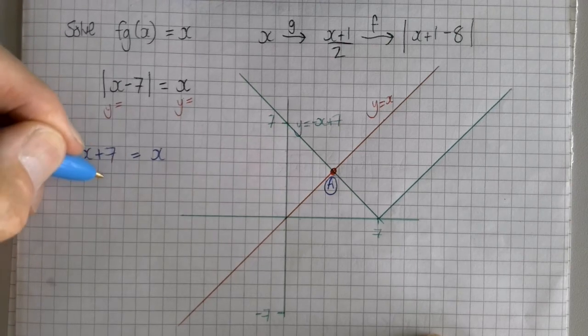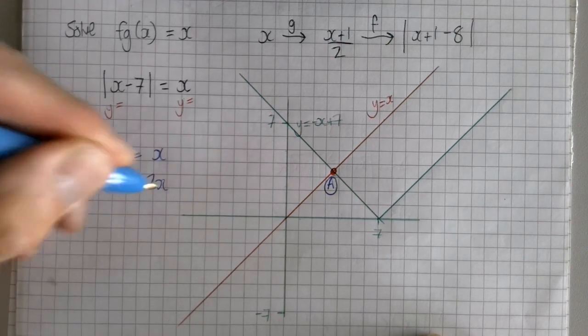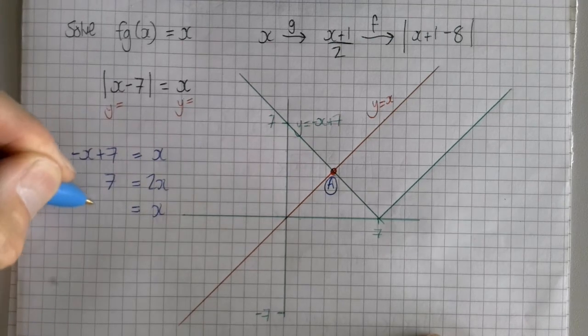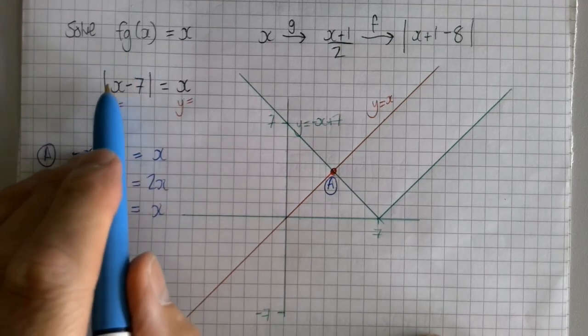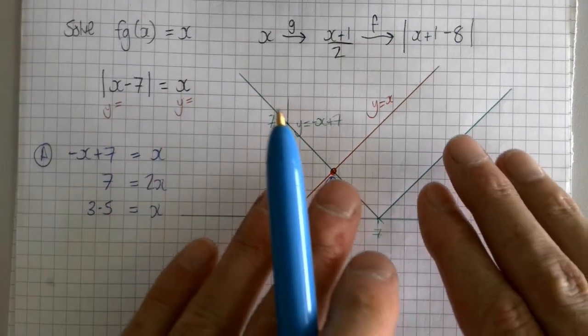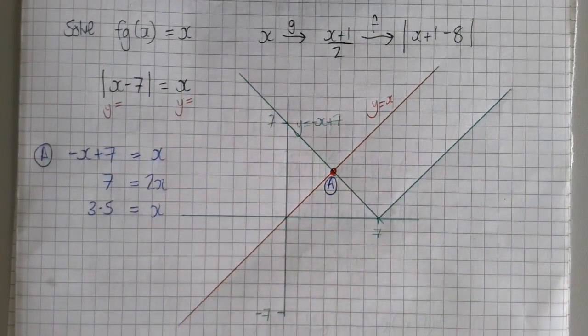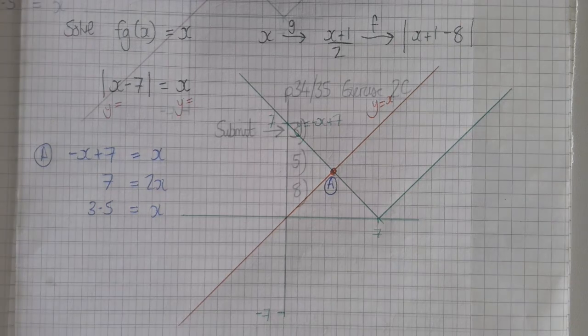Add x to both sides. x equals 3.5. And remember, these equations have no mention of y, so although we're using a graph, we don't need to work out y values. We just need the x values in our answer.